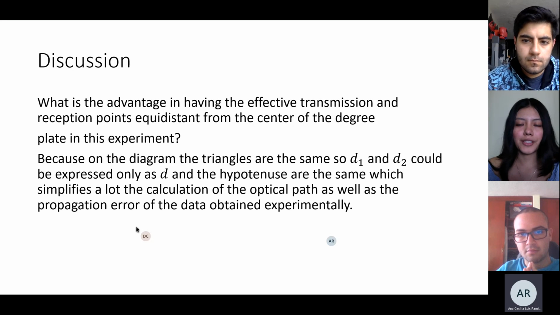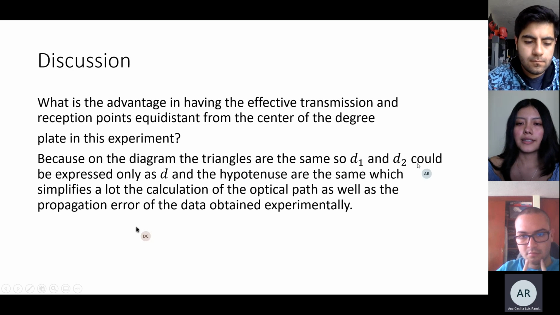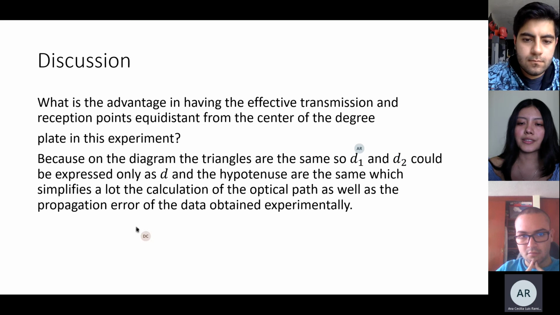what is the advantage in having the effective transmission and reception points equidistant from the center of the DP plate in this experiment? And well, because of the diagram of the top view of the experiment that my partner Ricardo showed you, we can say that the distances D1 and D2 are equal, and therefore the triangles were similar, and so we could express those distances as only one, the distance c, and therefore that made the calculations for the optical path difference very easy, and it also made calculating the error propagation of the data obtained easier.